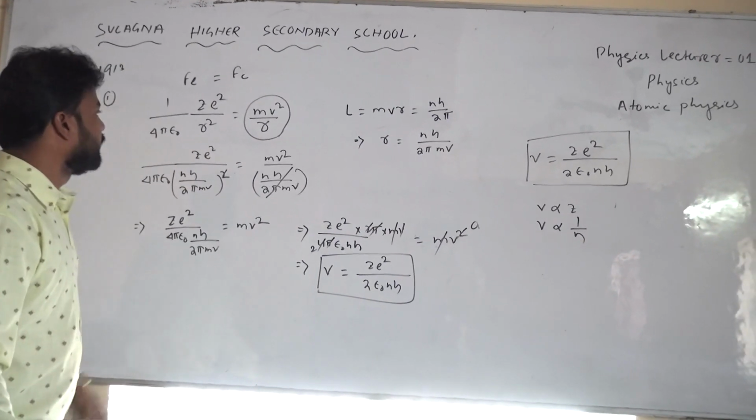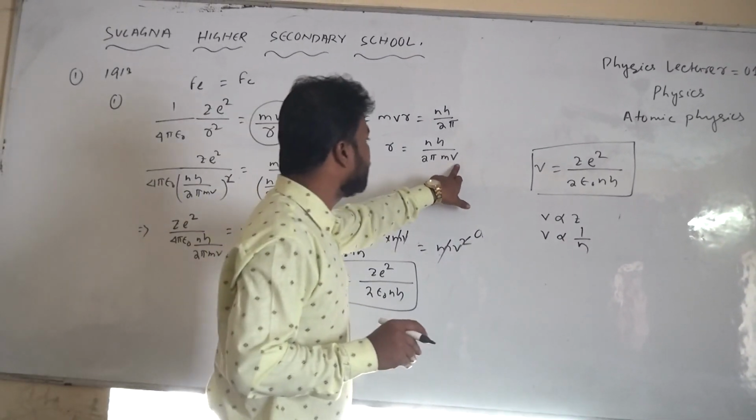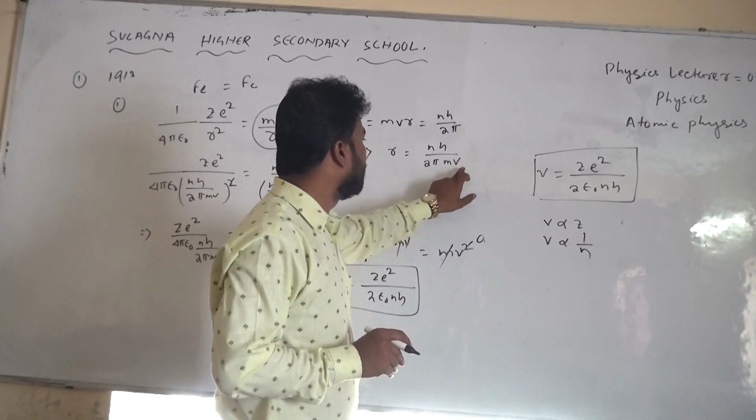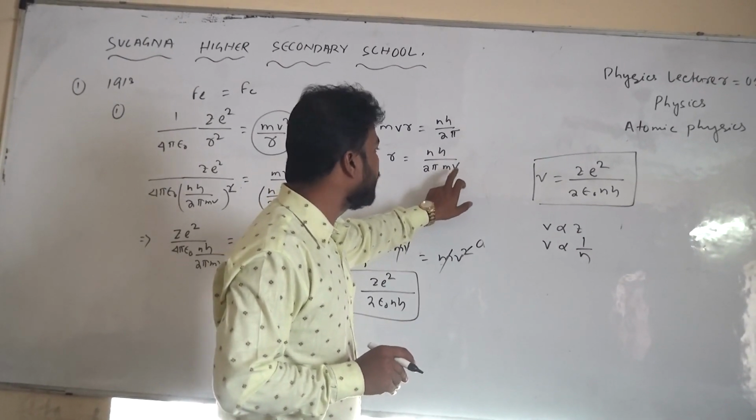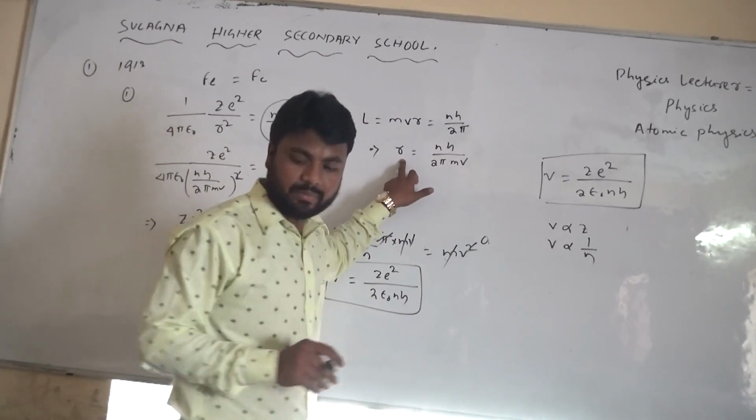Now, putting the value of v in that equation, we get the radius of that orbit.